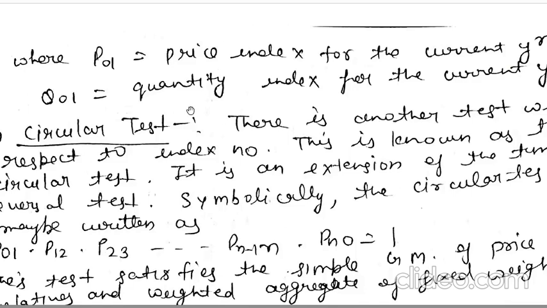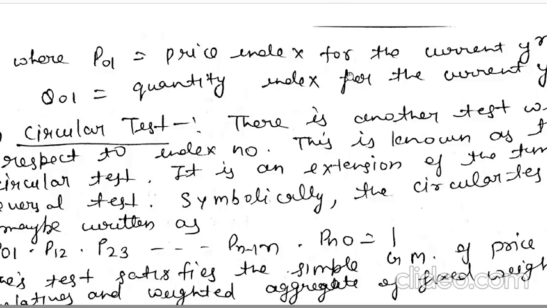But fourth point, last point, is circular test. So there is another test with respect to index number. This is known as the circular test. It is an extension of the time reversal test. Symbolically, the circular test: P01 into P12 into P23, and so on, Pn minus 1 into Pn0 is equal to 1.